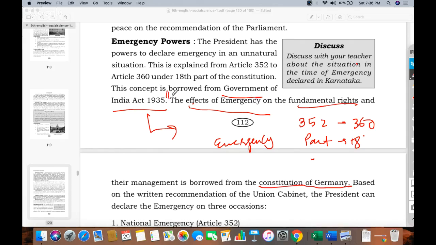Just remember these things. Now, remember in emergency, except a few of the fundamental rights, all fundamental rights are taken back from the people of India.